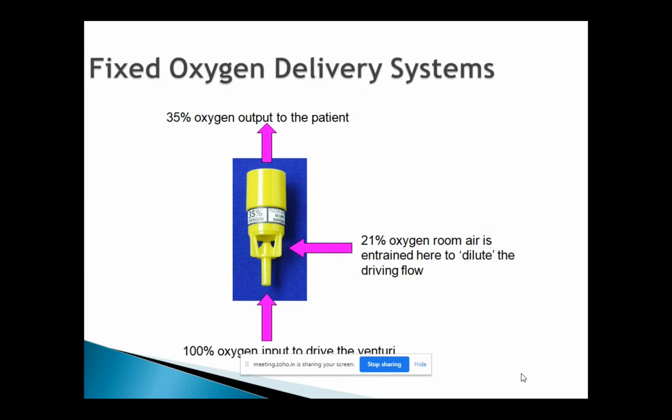I put the oxygen analyzer at the top, connected the valve, and gave the oxygen flow which they asked me to give. What came out was exactly what was printed on the valve. So you can definitely trust that manufacturers have gone through very clear, strict criteria before the device was released. These particular devices are called fixed oxygen delivery systems.